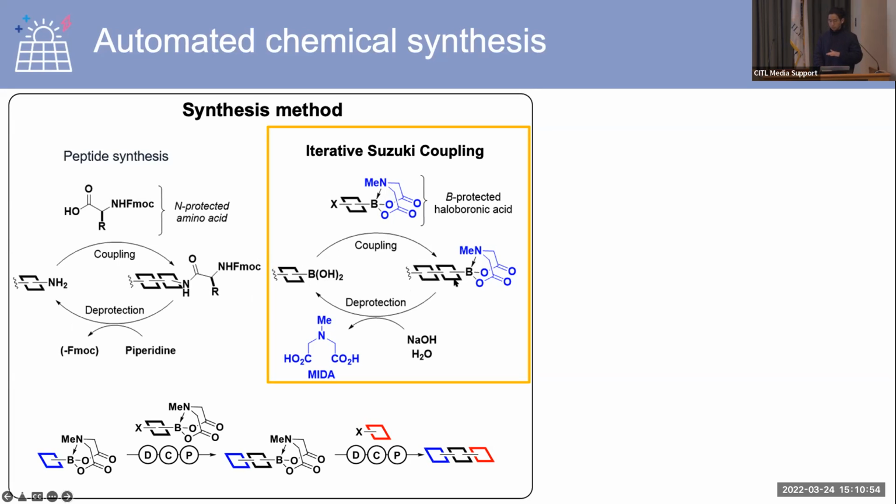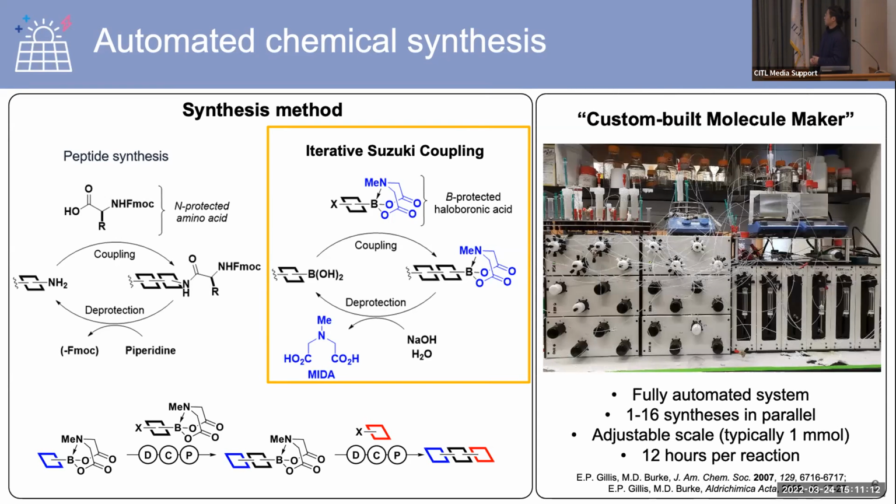The dimer building block is deprotected again and coupled with another halide building block. This process can be repeated until we obtain the target molecule we want to synthesize. All of this is done in a custom-built molecule maker, built by the Brook and Schroeder groups, which has a fully automated synthesis process.